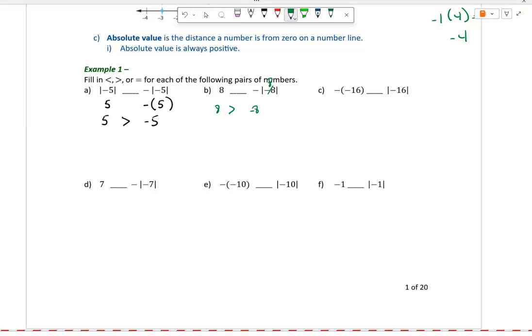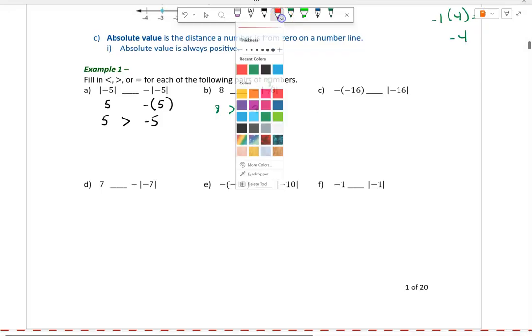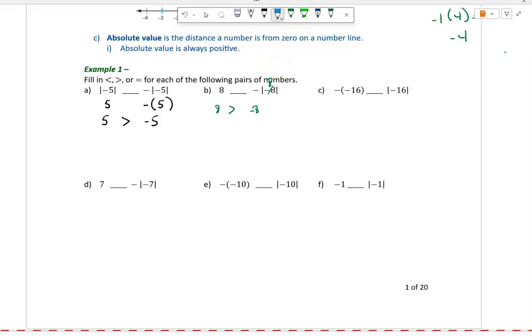It would be 16 is equal to 16. 16 is equal to 16? What do you guys think? Well, let's work that out. Let's go back to blue. I like the blue. So it's the negative of negative 16. The opposite of negative 16 is positive 16, right?